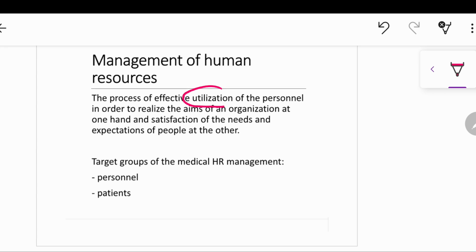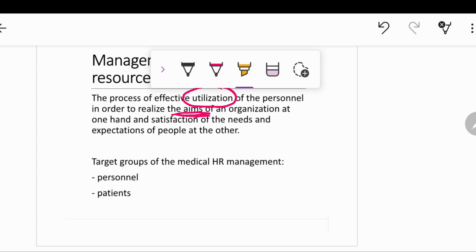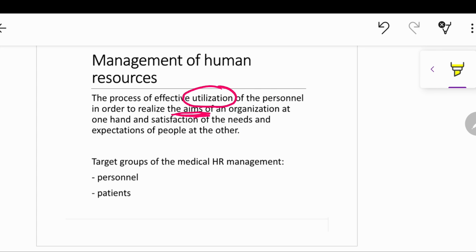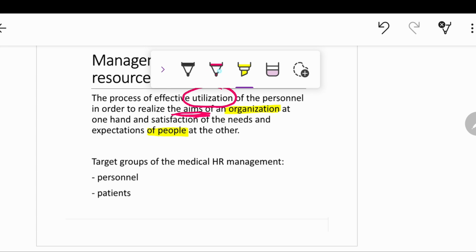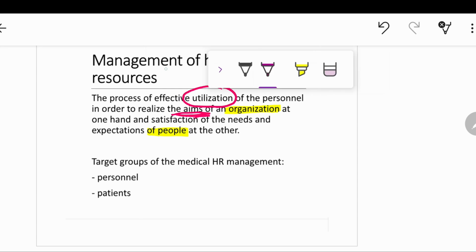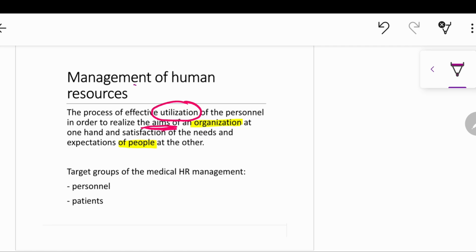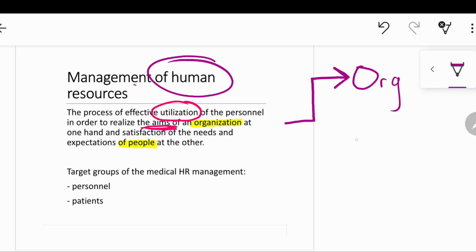So we want to utilize our personnel to meet the aims of, number one, the organization, the needs of the organization, and the needs of the people. So managing human resources, we need to utilize the personnel in order to meet the aims of the organization and the people.